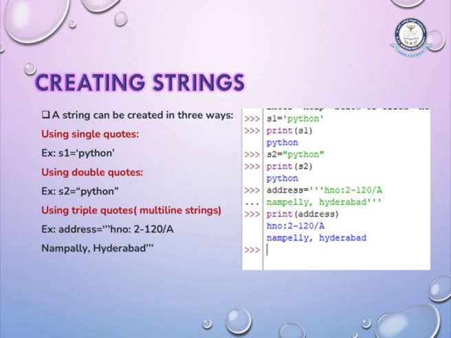If you want to create a multi-line string, then you can use triple quotes. The triple quotes will create a multi-line string. For example, if you want to create multi-line text like an address or any lengthy string, then you have to enclose that string in triple quotes.